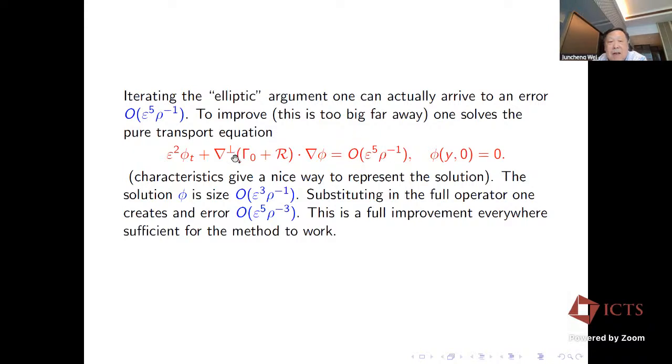Okay, and if we can solve this type of transport equation with this kind of right-hand side, and we plug in, we get a new error which has fast decay. We have smaller, epsilon to power 5. We have decay. Okay.